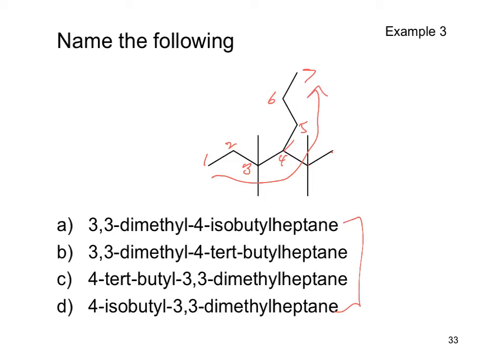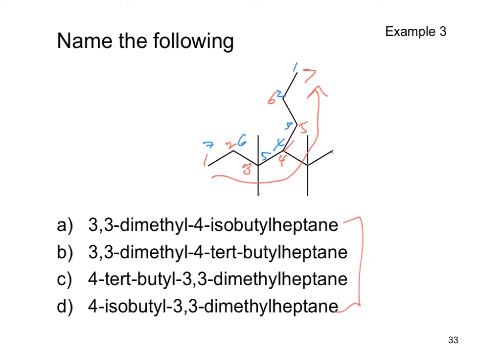You may have thought of 3, 4, but notice that will give higher numbers, so that's a bad idea. So we would want to use not the blue, but rather the red method.